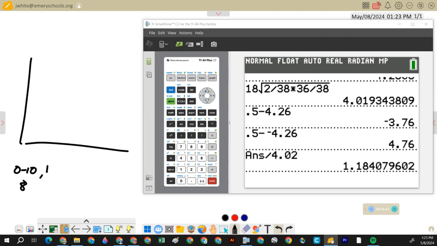From 10 to 20 dollars an hour, I have 24 people. And from 20 to 40, I have 16 people. And from 40 to 55, I have 20 people.